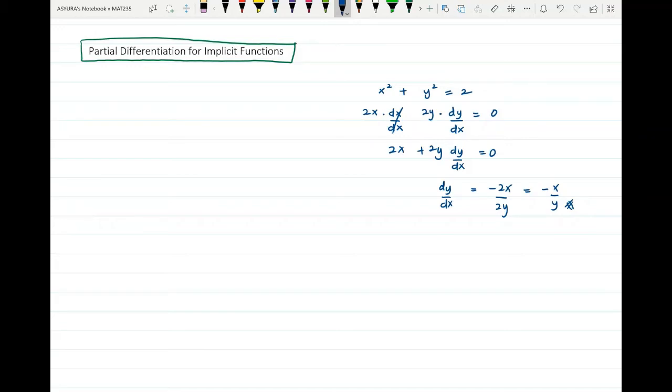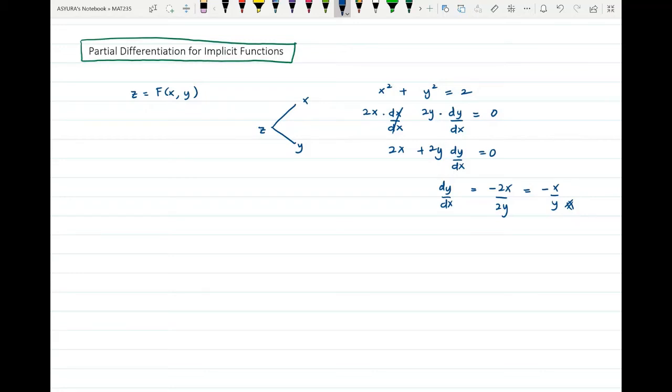Now let's see what the partial differentiation is for implicit functions. Let's say we have z equals f(x, y), meaning in a function of z, we have x and y. If you draw the tree diagram, z branches to x and y.